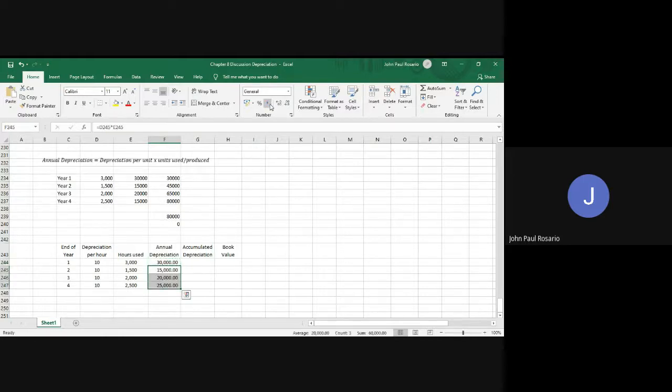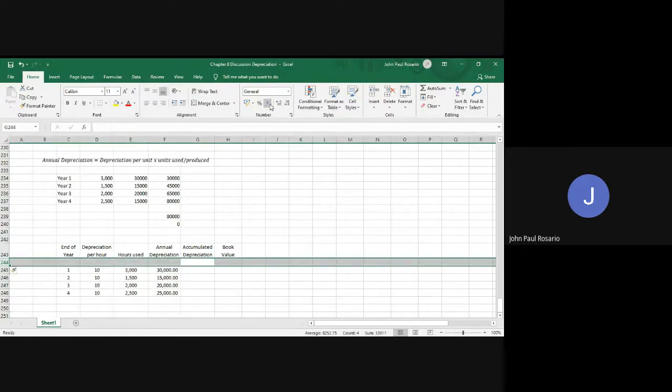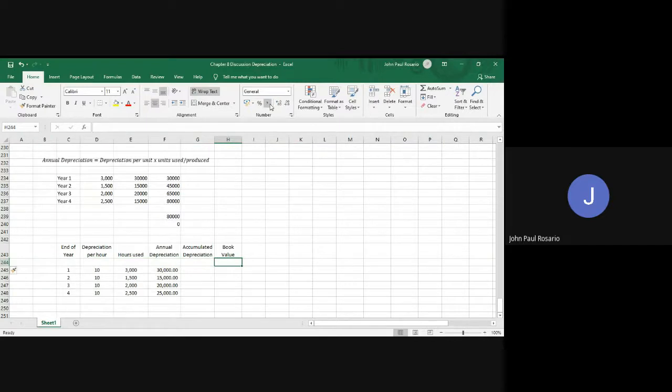Oh, I forgot to add 95,000 again. Our accumulated depreciation is the accumulated depreciation balance from the previous year, but since this is year 1, there is none. Add that to the depreciation for this year, and so on and so forth. Our book value is this one less our accumulated depreciation.